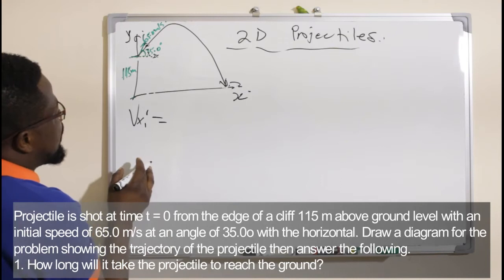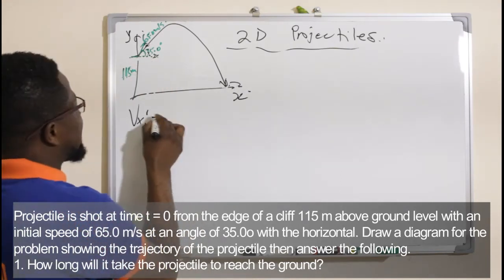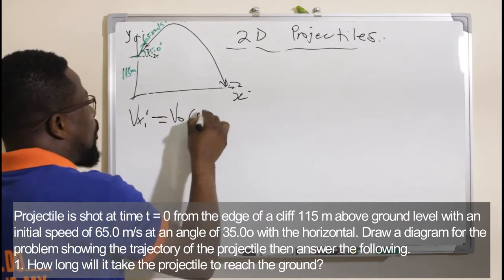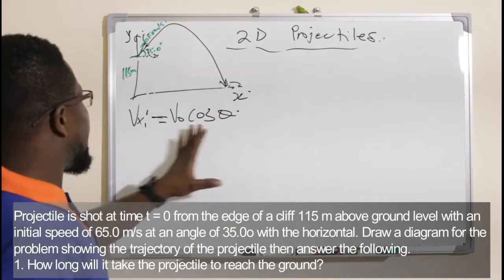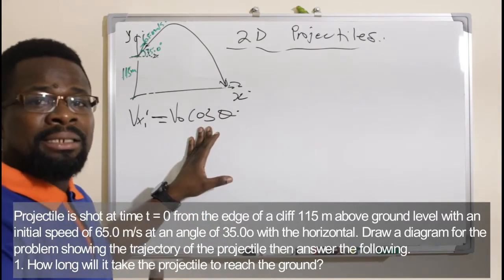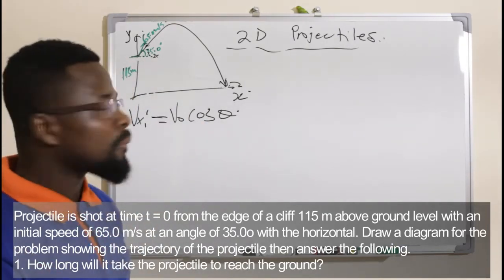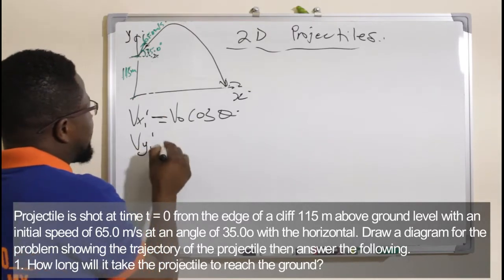And remember, in the x direction, that is the adjacent. Therefore, we have v naught cos theta, and that is how we determine the x component of the initial velocity. We can also find the y component of the initial velocity.